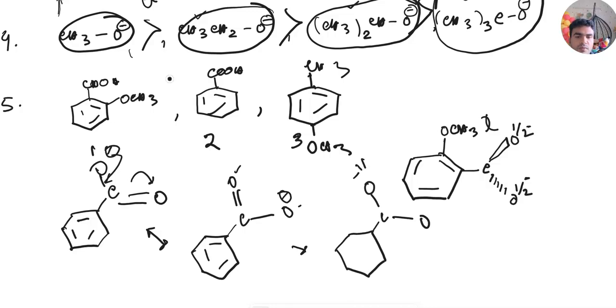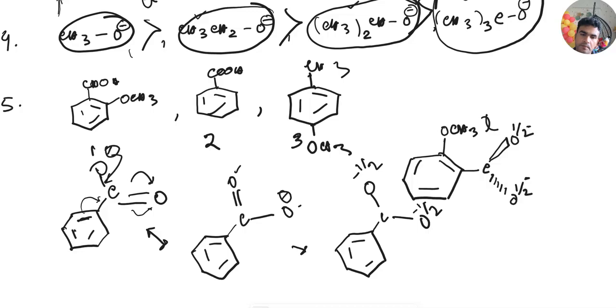O, this is minus half. Now one thing: the benzene ring also comes into resonance with this carboxylate anion, the carboxyl group, because if the whole thing is in the same plane, then the pi electron cloud of the benzene ring can come into conjugation with the carboxyl group.